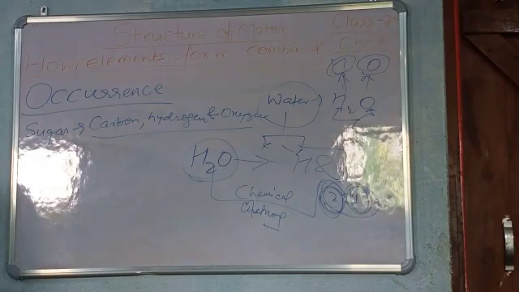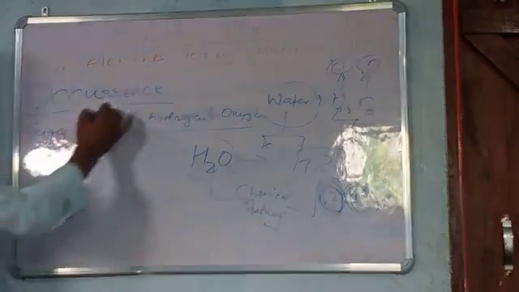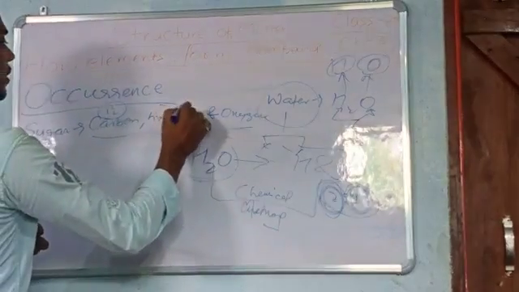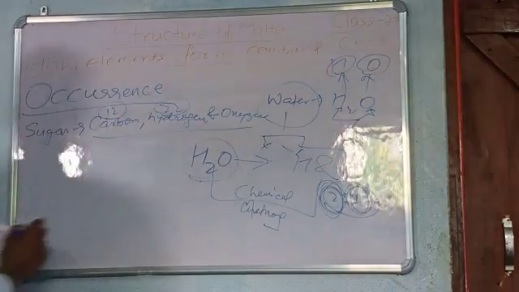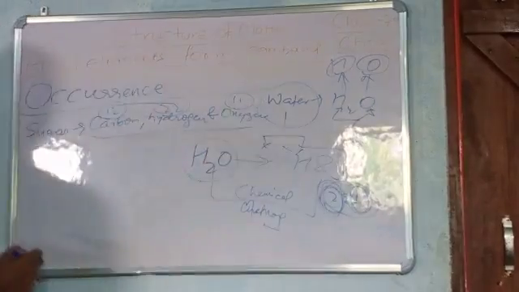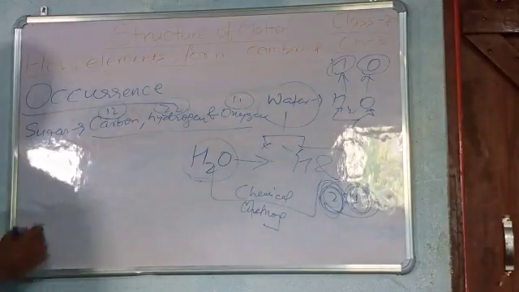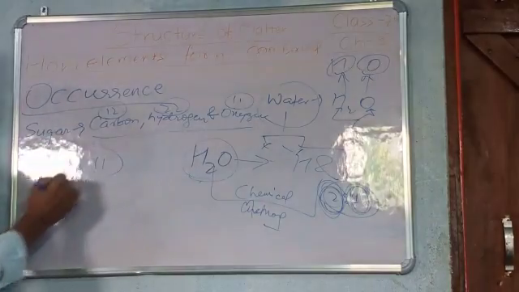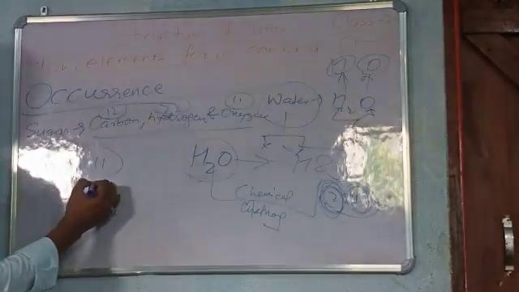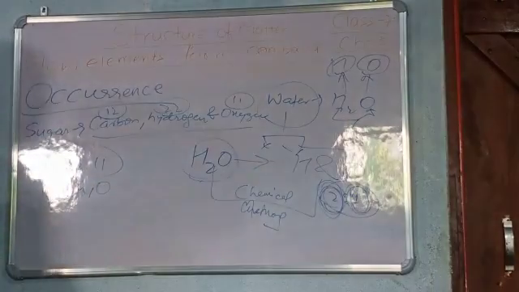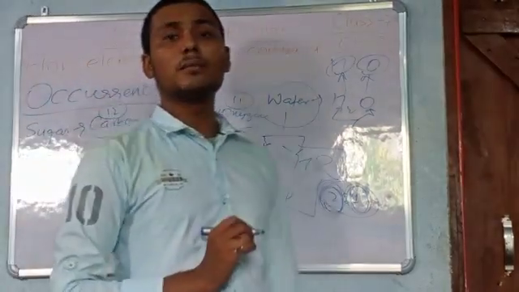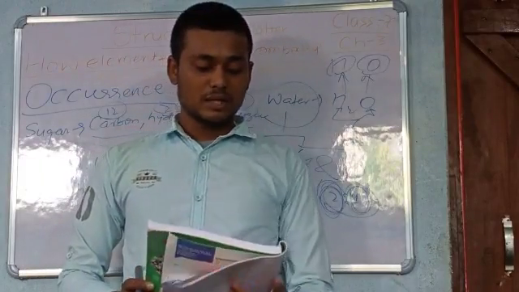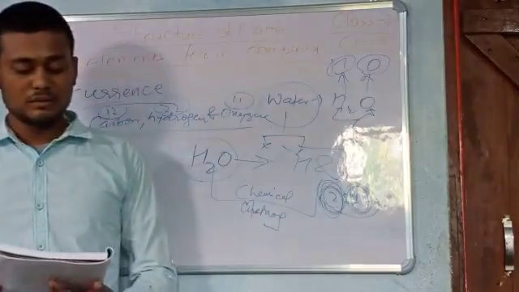Its molecule contains 12 atoms of carbon, 22 atoms of hydrogen and 11 atoms of oxygen. So the fixed ratio is 12:22:11 of carbon, hydrogen and oxygen atoms to form a compound which is sugar. Okay, so this is all about sugar.